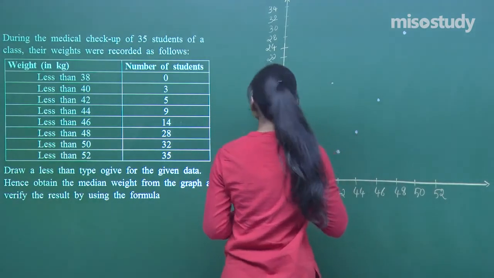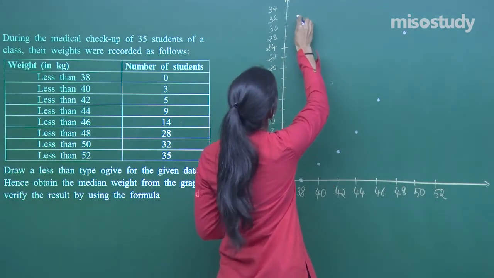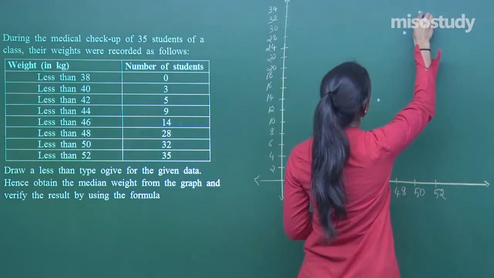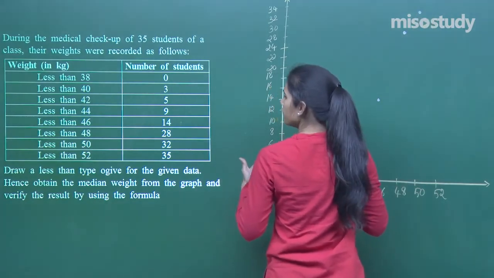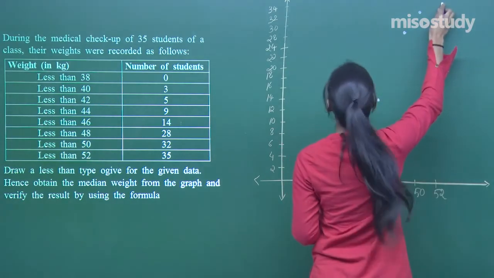Then you have 50, 32. So you have 50, 32 and 52, 35. So corresponding to this you have 35.